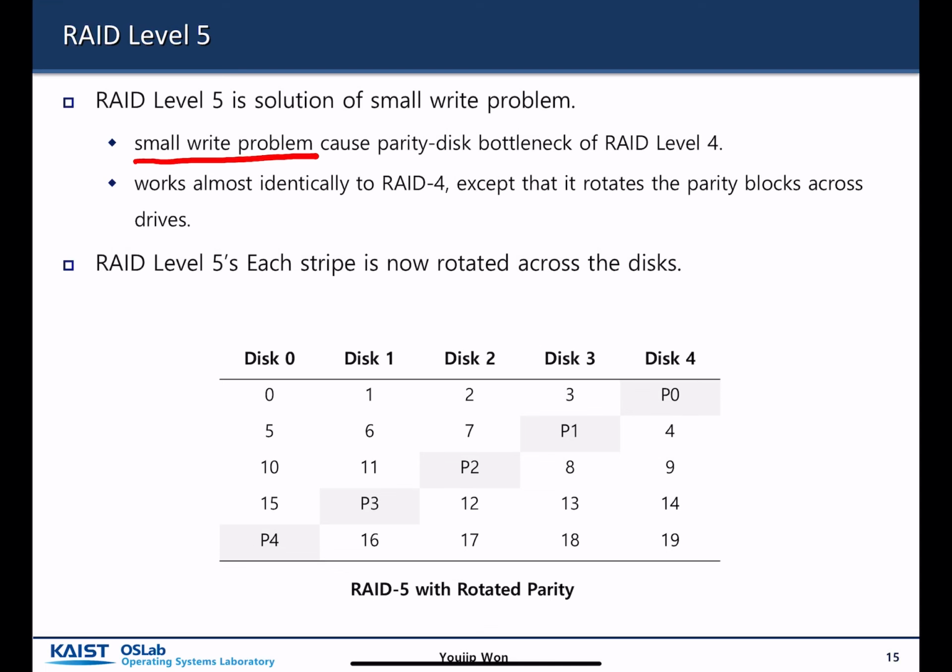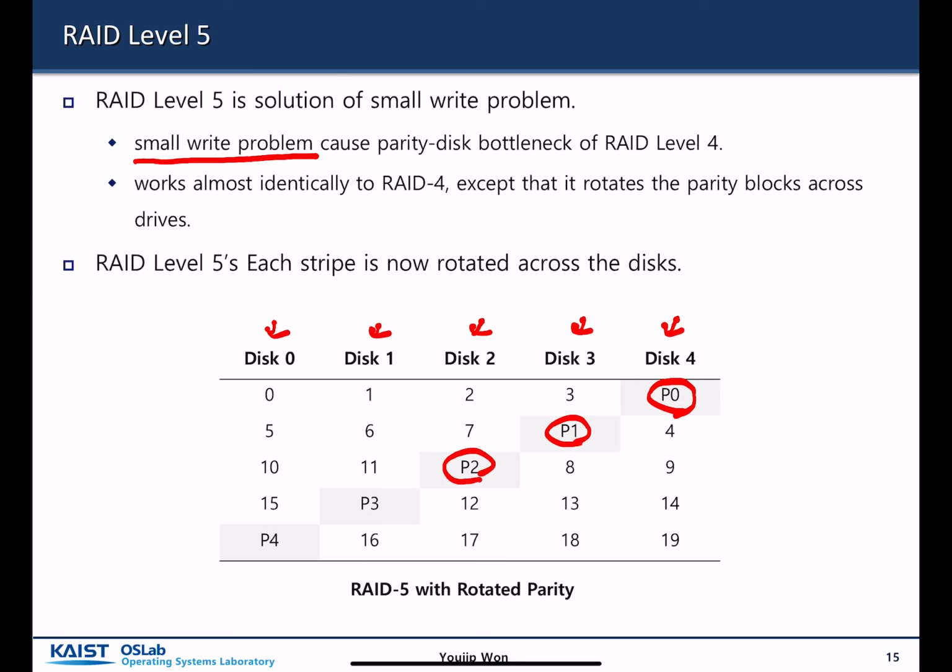Let me look at the example. Here, these are 5 disks. A single RAID consists of 5 disks, from disk 0 to disk 4. In the first stripe, disk 4 is parity. In the second, disk 3 is parity. For the third, disk 2 becomes parity.